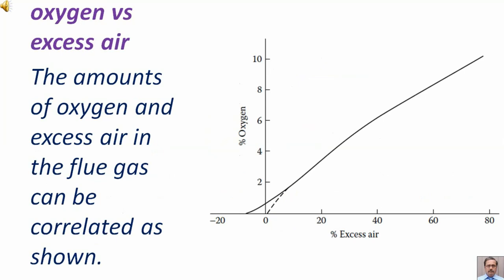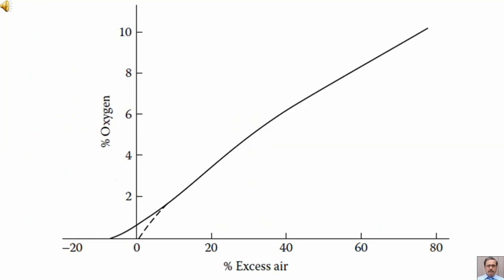The amounts of oxygen and excess air in the flue gas can be correlated as shown in the diagram. The same diagram as shown in the previous slide, but a little bigger in size for your easy reference.